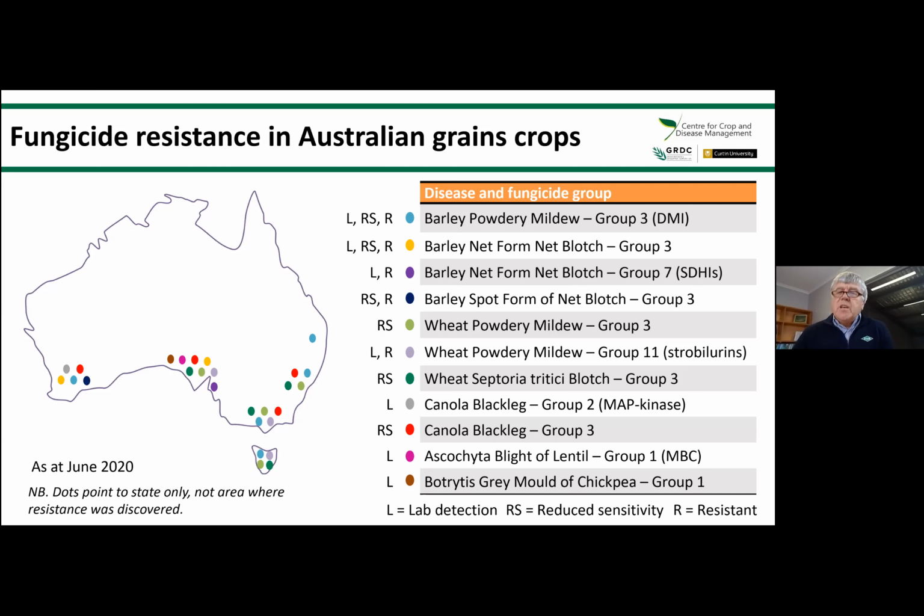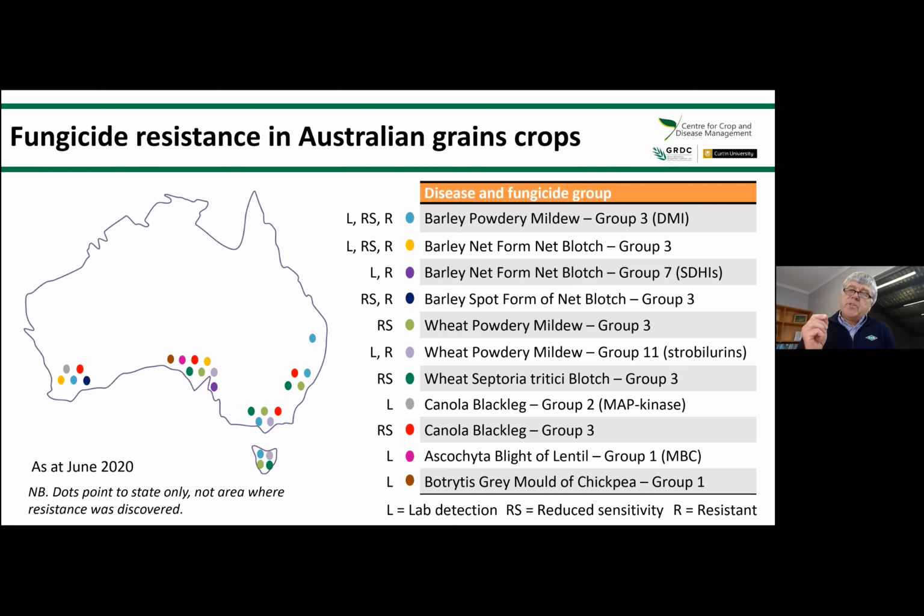But what you can see is that over probably the space of the last 8 years, we have found through the work of CCDM and New South Wales DPI this list of mutations occurring in the population, which we can see in the lab in some cases.